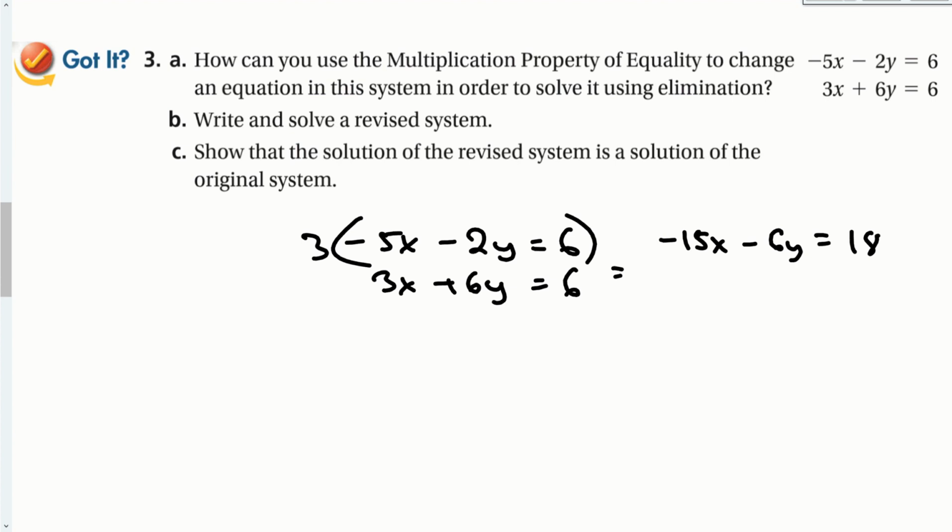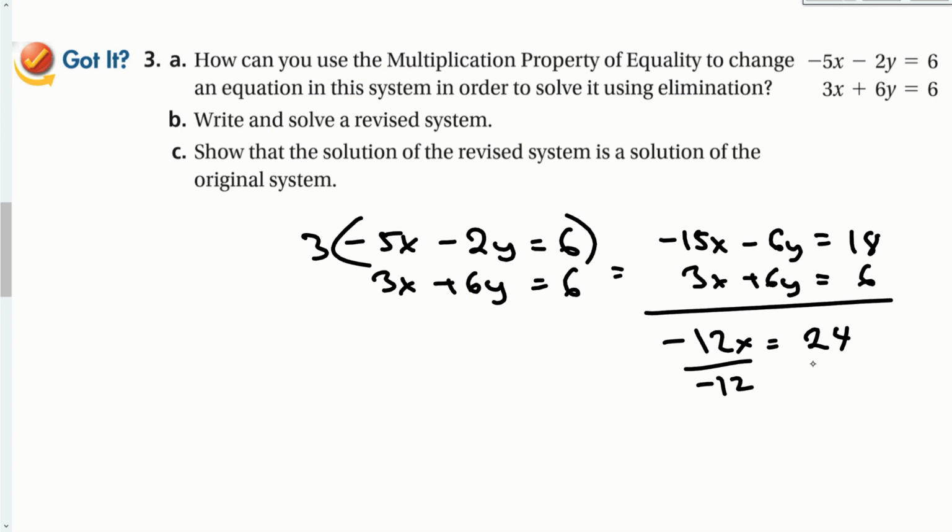So that is now 18. 3x plus 6y is equal to 6. Adding these together gives me a negative 12x is equal to 24.